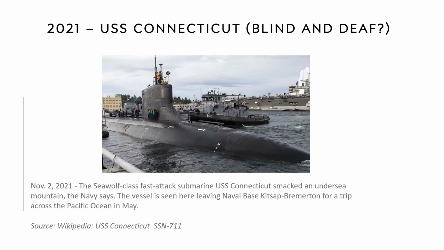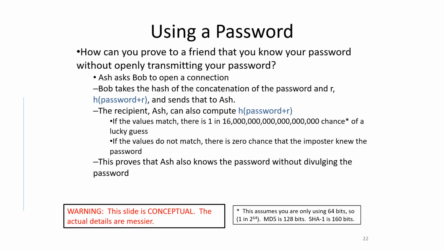But it smacked into an undersea mountain, according to the diplomats, according to the Navy. And incidentally, it also had to replace all the equipment in the sonar dome. Right. Just a coincidence.